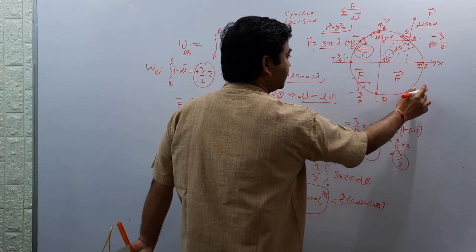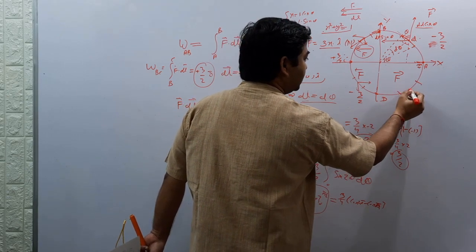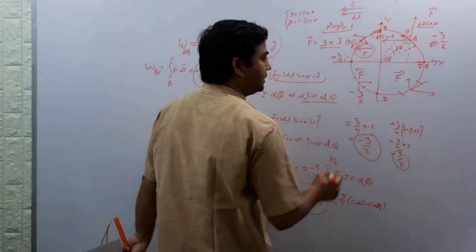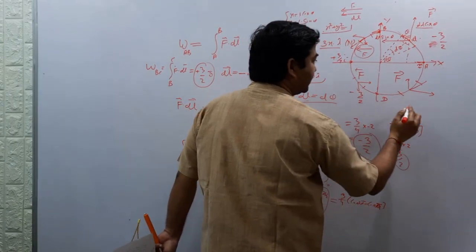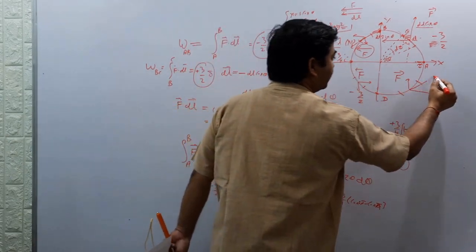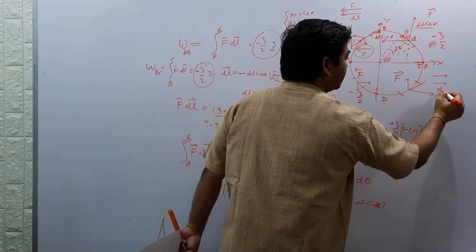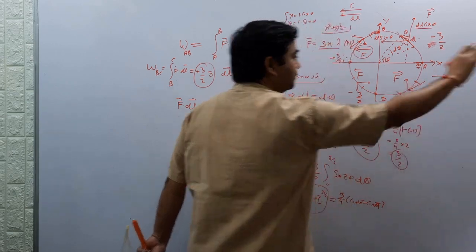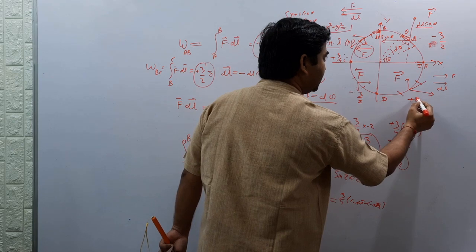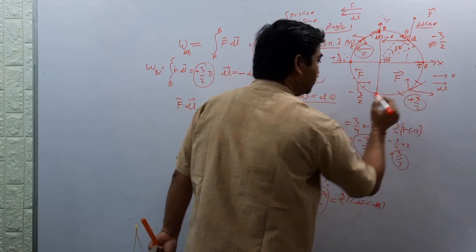And on this axis, dl, you see the horizontal component and vertical component of dl. The horizontal component is towards the positive axis and F is also positive because x is positive, so F and dl are both in the positive direction, so their dot product will be positive. So here it will be plus 3/2.